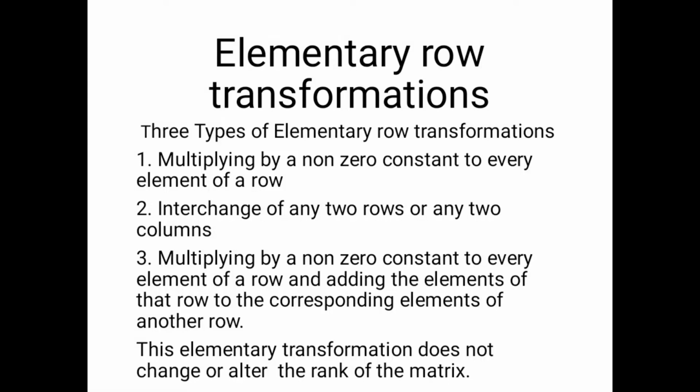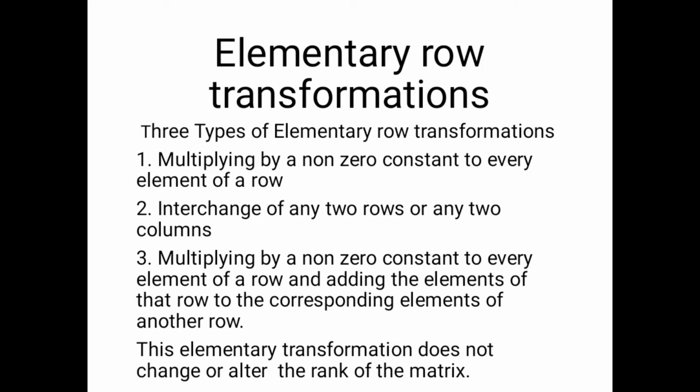The changes or the transformations we can apply to the matrices are called elementary transformations. The transformations, if applied only to the rows of a matrix, are called elementary row transformations.